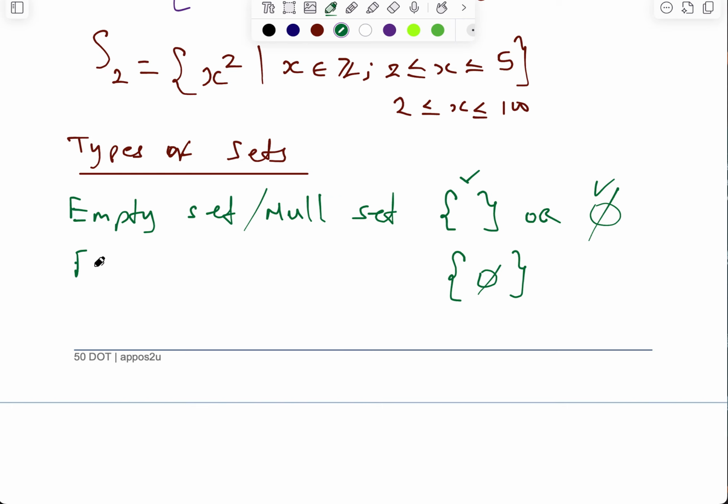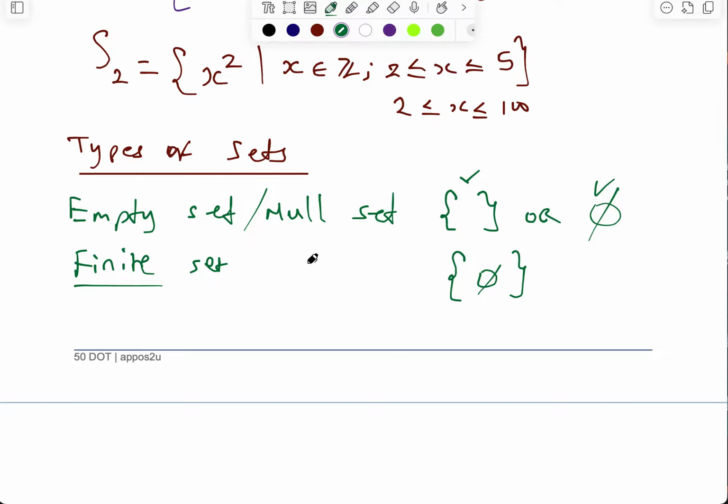Now we also have what we call a finite set. From the way the name appears, finite means countable. Actually, the better way to put it is that finite means it has an ending. That means that you can easily pinpoint the beginning of the set and the ending of the set. So it does not just go on and on.